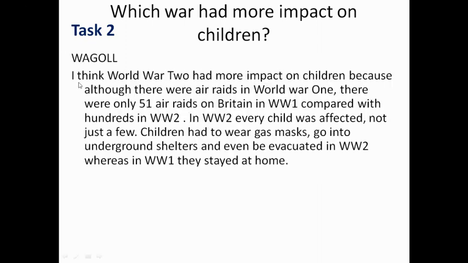Mine says, I think World War II had more impact on children because although there were air raids in World War One, there were only 51 air raids on Britain in World War One compared with hundreds in World War Two. In World War Two, every child was affected, not just a few. Children had to wear gas masks, go into underground shelters, and even be evacuated, whereas in World War One, they stayed at home.